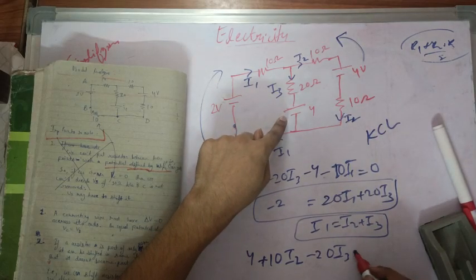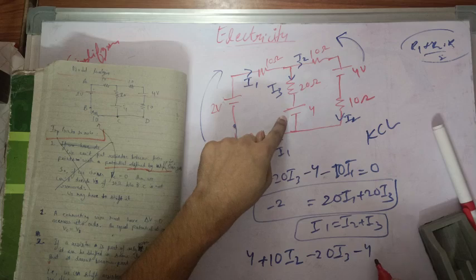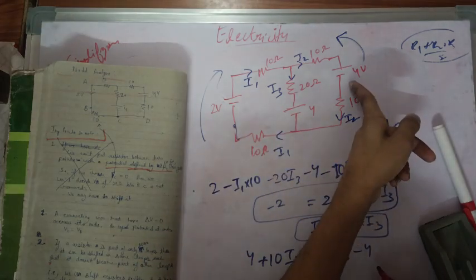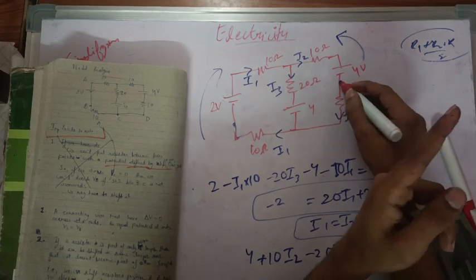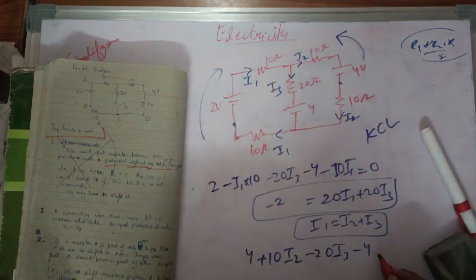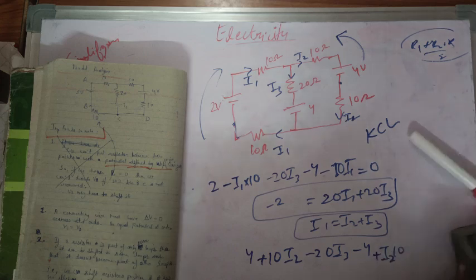Now this will have negative 4 volt. Now going this way, we had started from this point and now are going back this way. This is moving in the opposite direction, so I will take plus I2 into 10. This would be equal to 0.